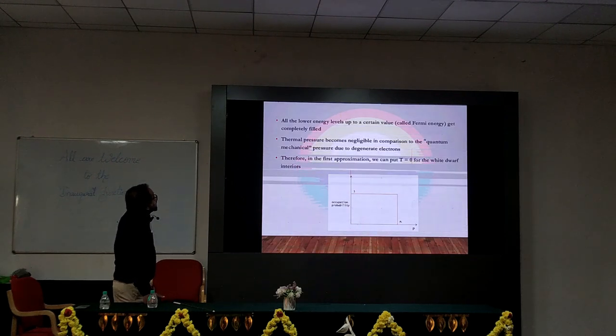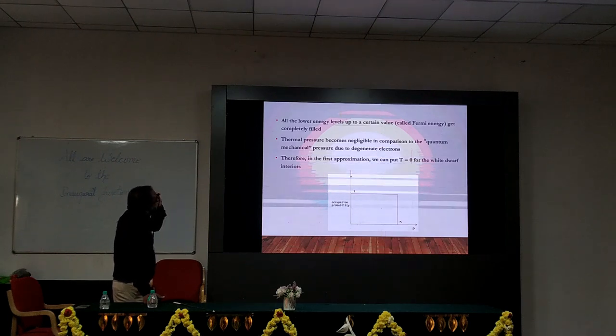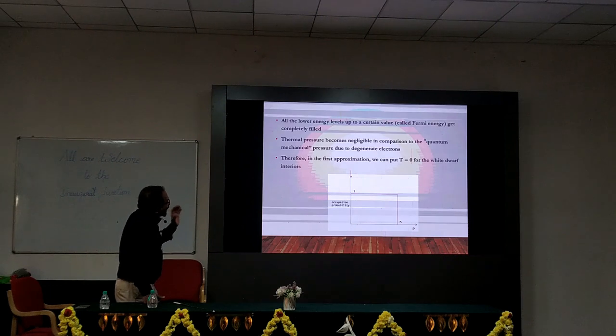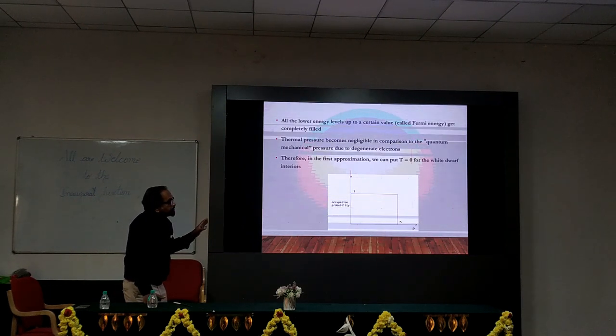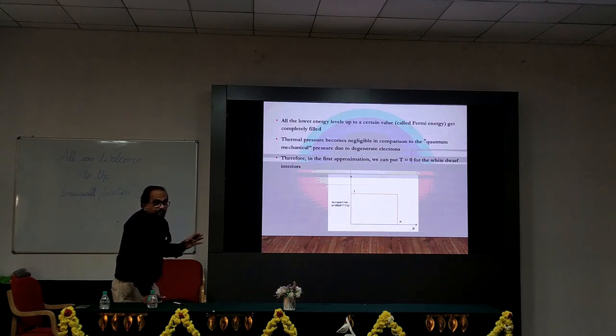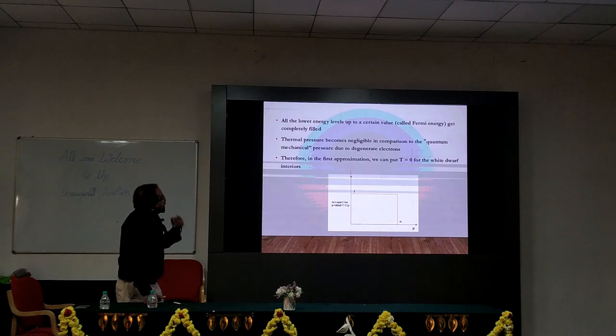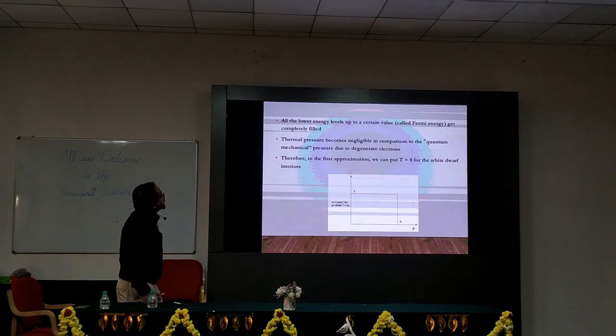So in the first approximation, we can think of the electrons in a white dwarf as at temperature T equal to 0. The thermal pressure is neglected, which turns out to be about 1 or 2% of the total pressure. Thermal pressure is there, but it is very small because of the density being very high.